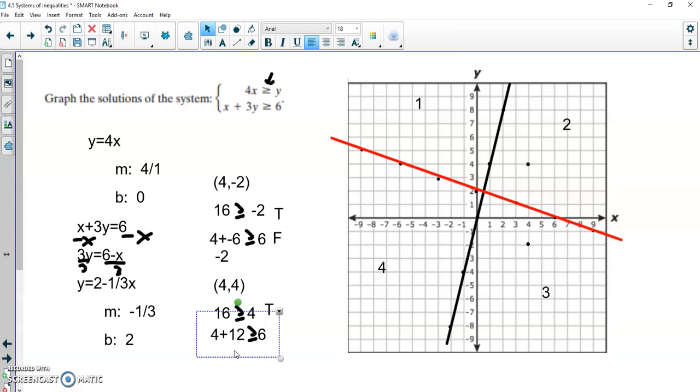Well, 4 plus 12 gives us 16. 16 is greater than 6, so this is a true statement as well. So that means I shade the region where 4, 4 is located.